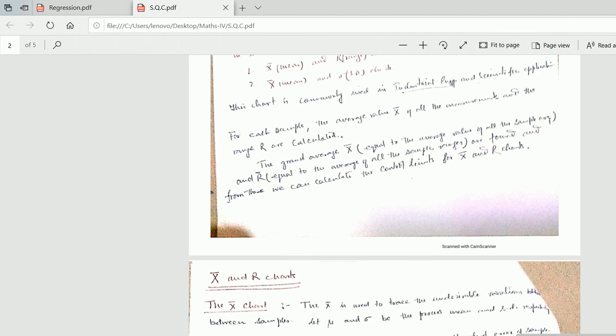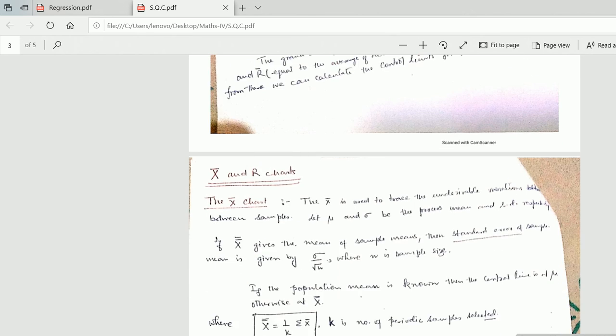For each sample, the average X bar of all the measurements and the range R are calculated. The grand average X double bar is equal to the average value of the sample averages, and R bar is equal to the average of all the sample ranges. From these we can calculate the control limits for the X bar and R charts.